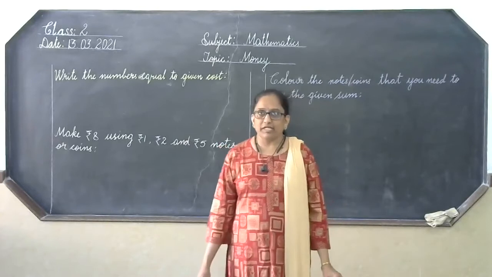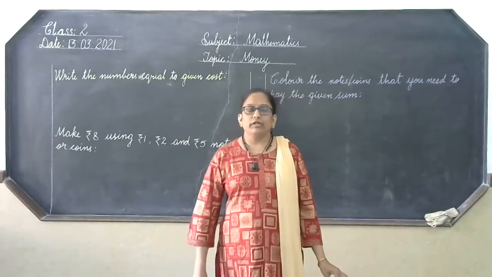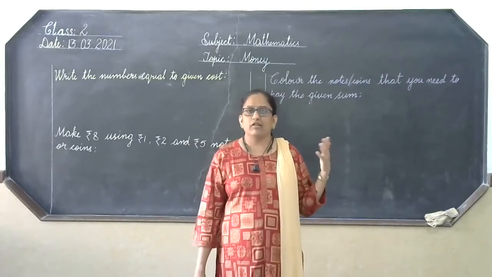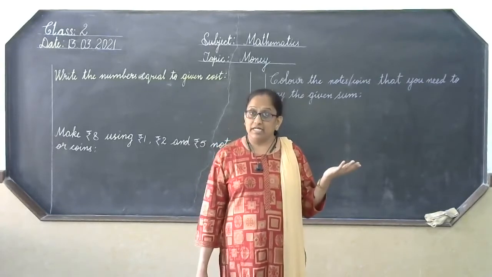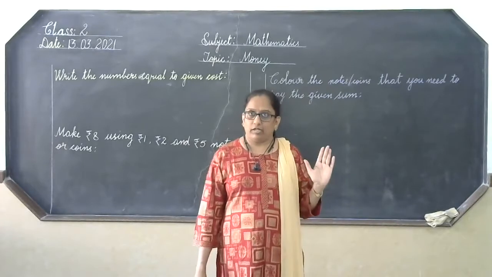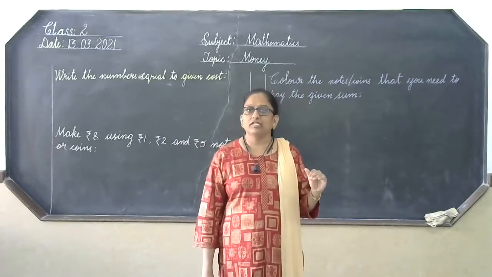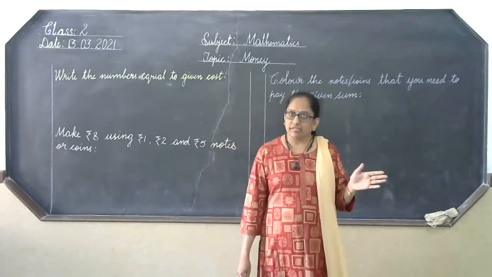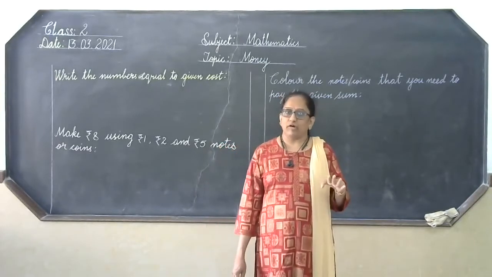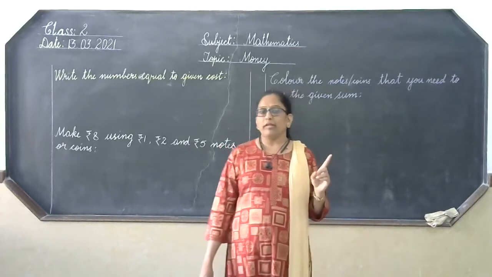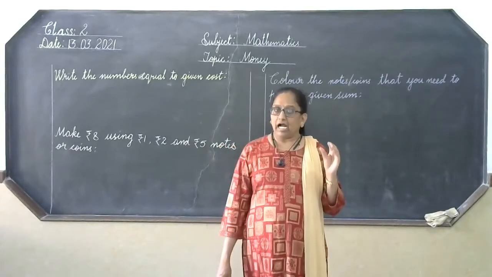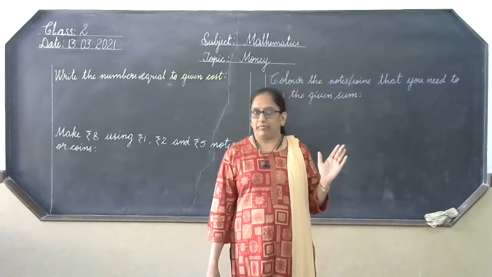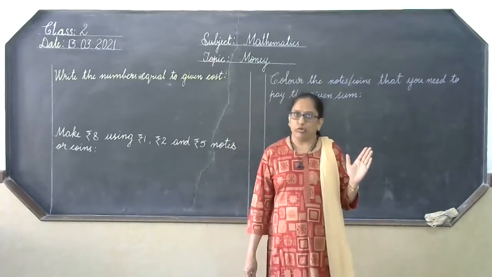In other countries, they call it dollars, reals, pounds, and so on. But in our country, we call it rupees and paise. One rupee is equal to how many paise? If you take 100 paise, then it is equal to 1 rupee.